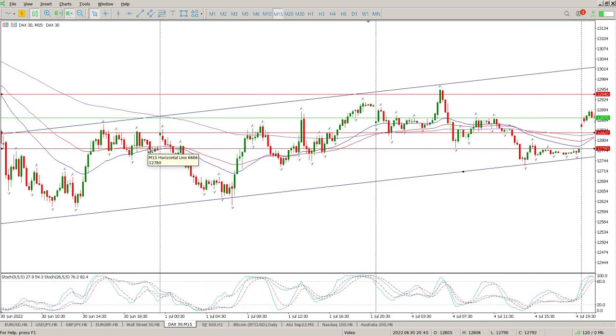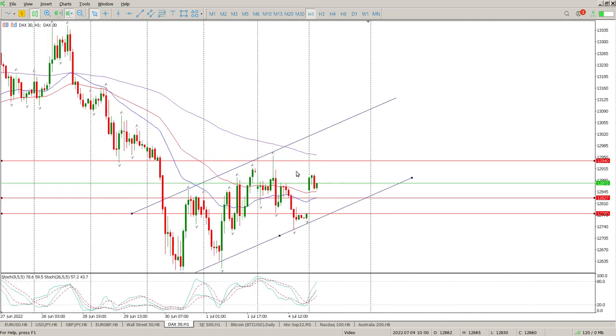Channel breaks to the upside like this, so if you're in a bear flag, which is what this essentially is, and it breaks to the upside, you've got a 25% probability of it moving much higher. You've got a 75% probability of it dropping back into the channel and breaking the bottom trend line.